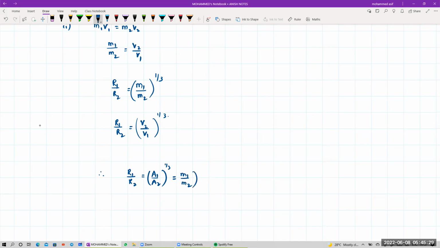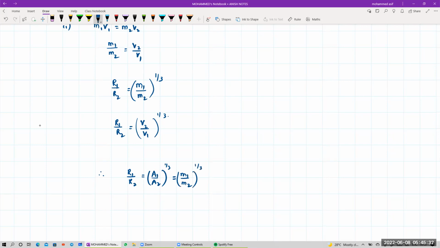So I can write radius R1 divided by R2 is equal to A1 by A2 to the power of 1 by 3, or M1 by M2 to the power of 1 by 3.